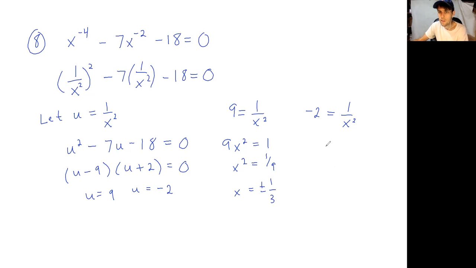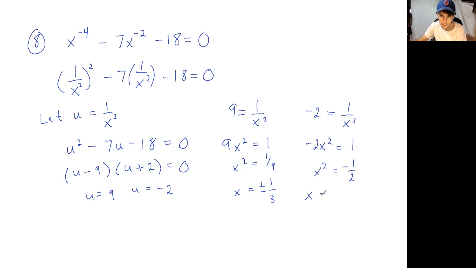Here I'm going to do the same thing, multiply both sides by x squared. I'll divide by negative 2 in this case. Negative 1/2. Take the square root. Taking the square root, this is going to give us some imaginary solutions, which are fine. They're just imaginary.